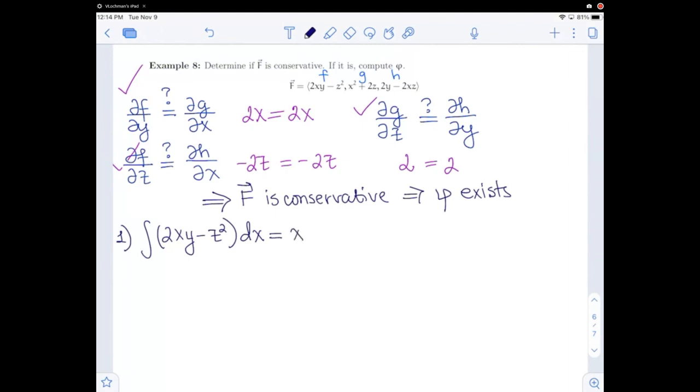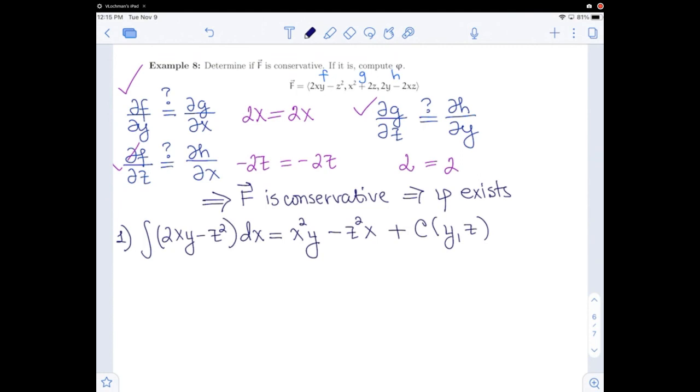We get x squared y minus z squared x, plus what? Our constant is going to be a function of 2 variables, y and z. Relative to x, this is just a constant. So it could be a function, but when we're integrating or differentiating with respect to x, it's just a constant.